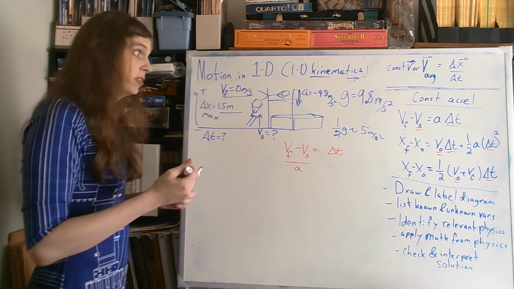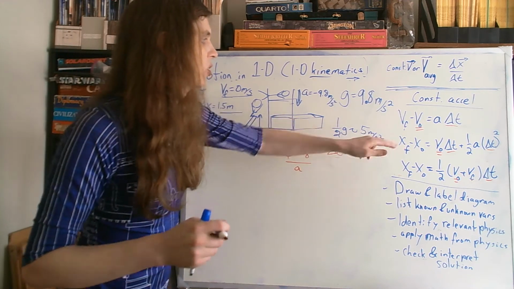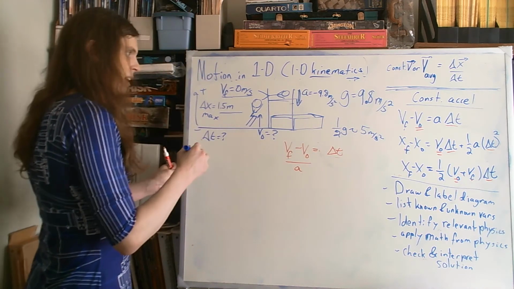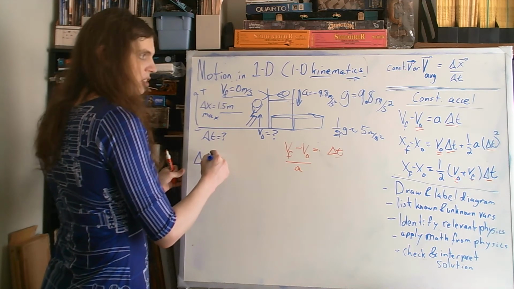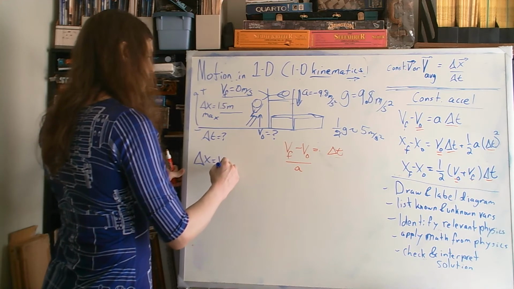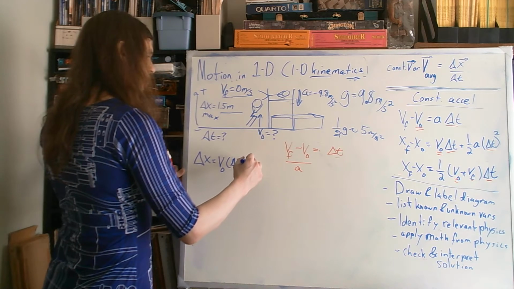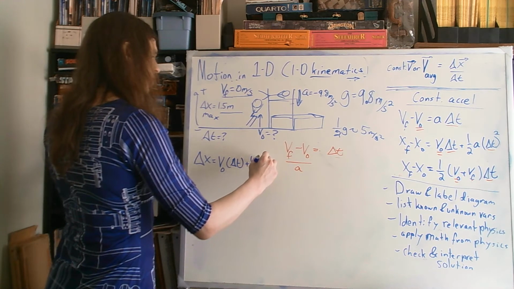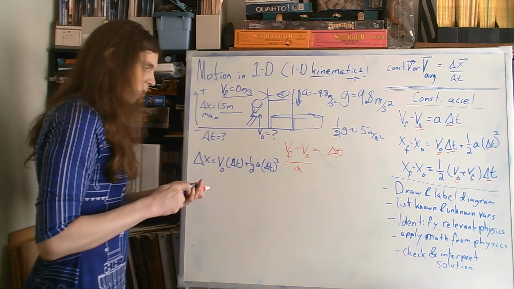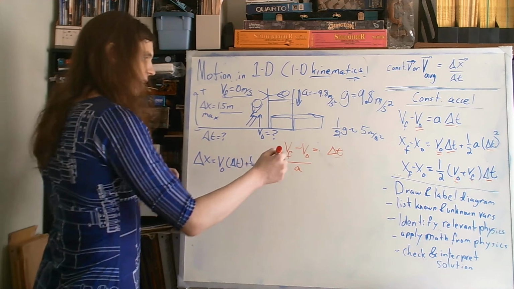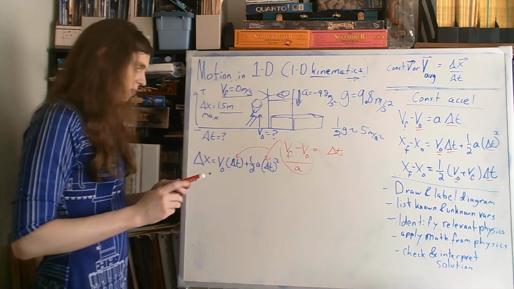Now we also had this equation here, that change in position equals original velocity times change in time plus half acceleration times change in time squared. So what we want to do is take this and put it in where we've got our times.